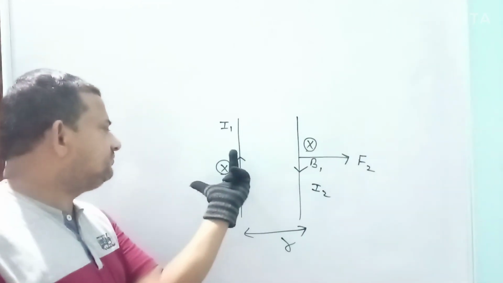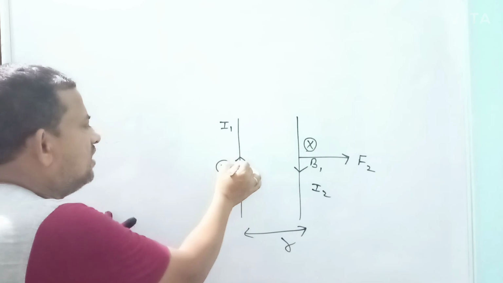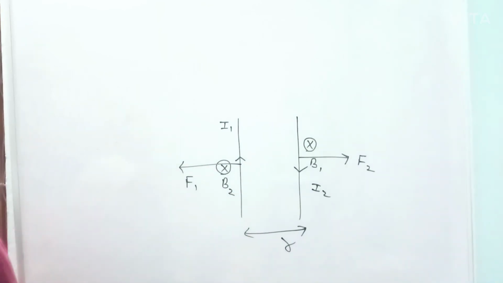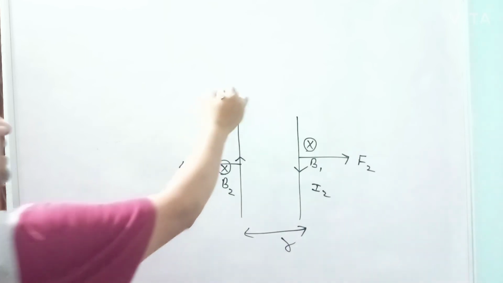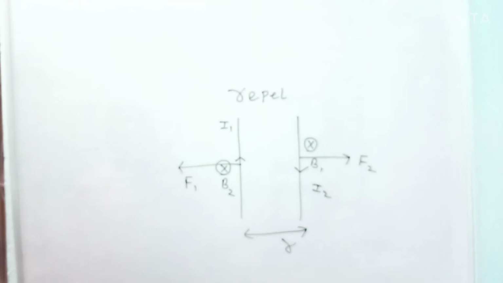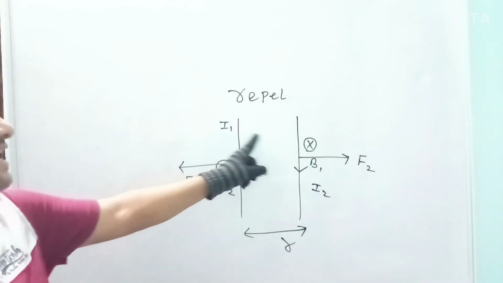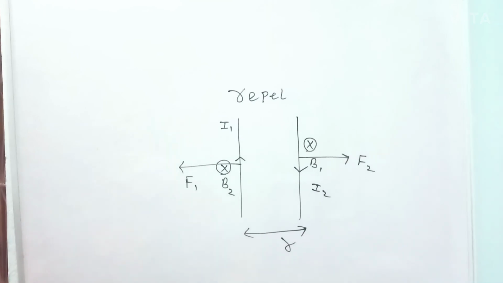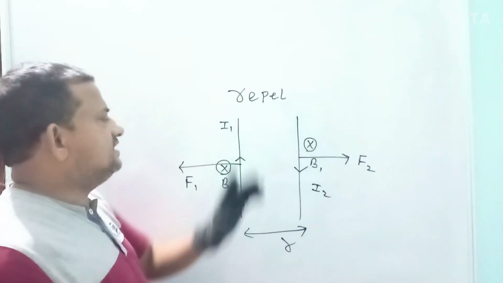Similarly, you apply, so force is towards right, that is F1. So what you see? These two forces are away from each other, which means they repel. So what conclusion will you draw? When two current carrying conductors carry current in opposite, anti-parallel directions, they repel each other.